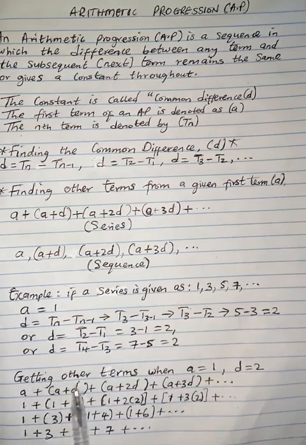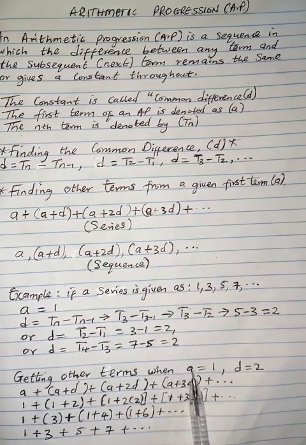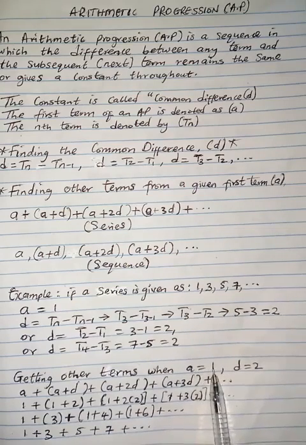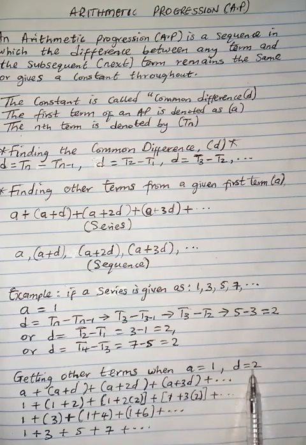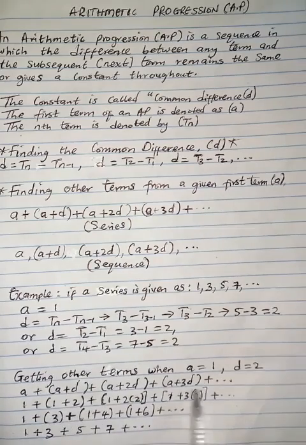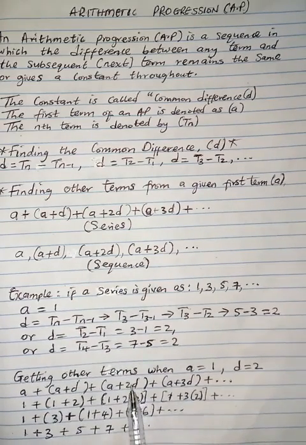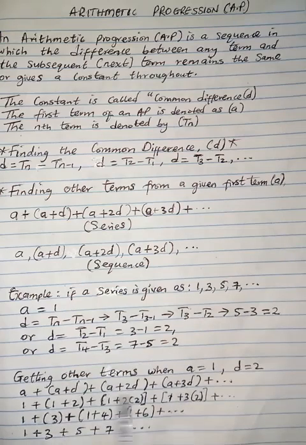Getting other terms, when A equals 1, D equals 2. If the first term A is equal to 1 and the common difference is 2, for us to get the other terms, we still use that formula of A, D, D plus D, 2D, 2D plus D, 3D, where A is still added in all of them.